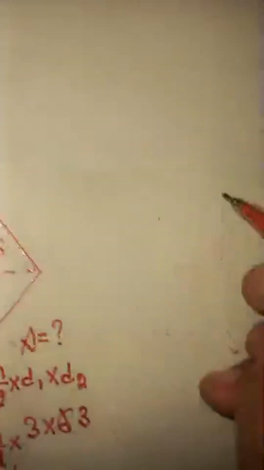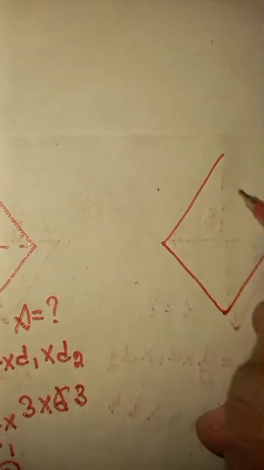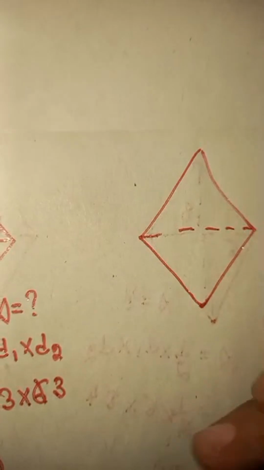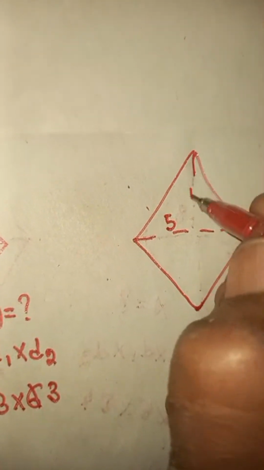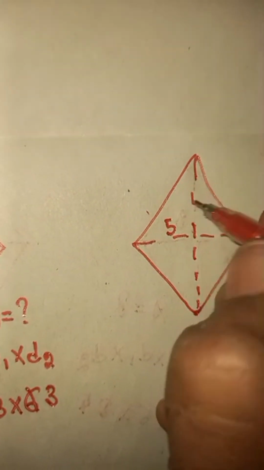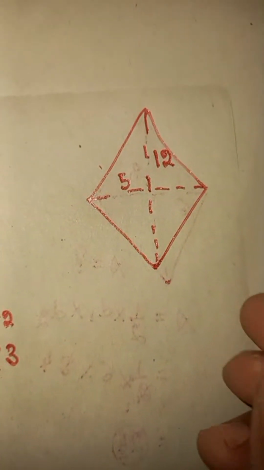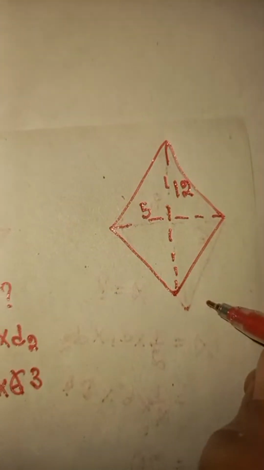Let's take one final kite. In this final kite they are giving one diagonal as 5 units and another diagonal which they have given us is 12 units. Now you need to find out what's the area of this kite.